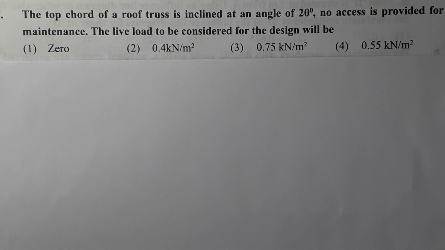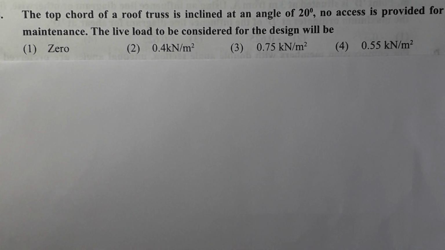Now the question is related with the live load, and as such we will have to refer to IS 875 part 2. Now table number 2, imposed loads on various types of roofs.